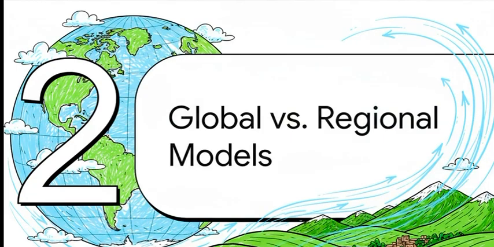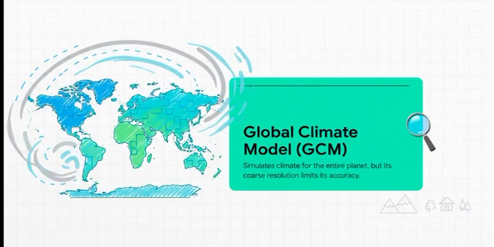All right, so the main tools of the trade here are these incredibly powerful computer simulations we call climate models. But you gotta know, they basically come in two main flavors, the big picture global ones and the more focused regional ones. First up, you've got global climate models, or GCMs. The best way to think about a GCM is like you're looking at a really low-res, kind of blurry map of the entire planet.